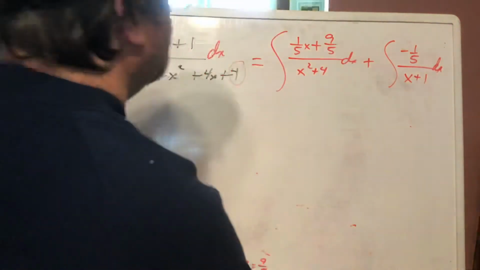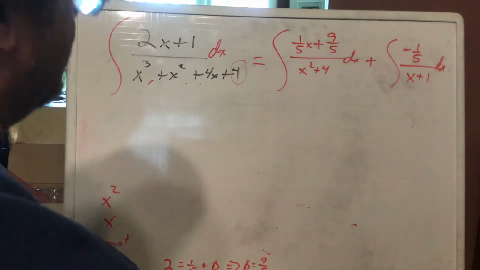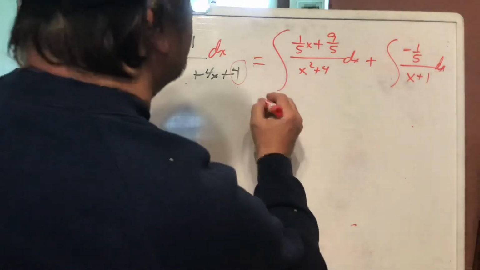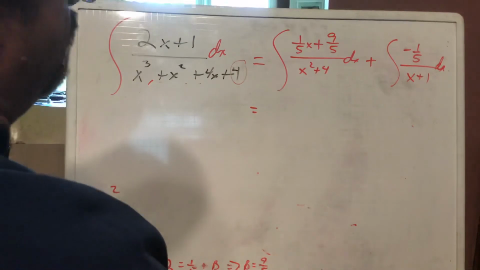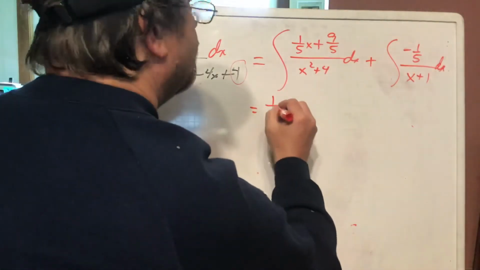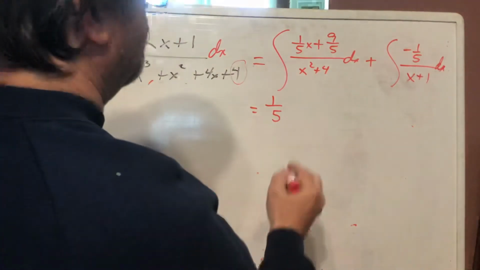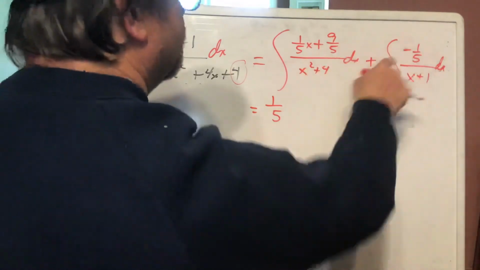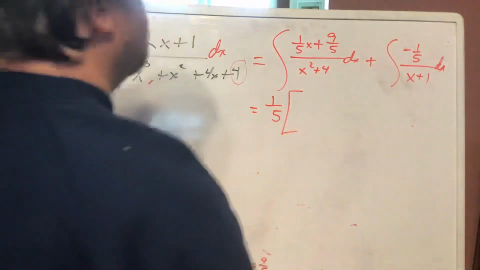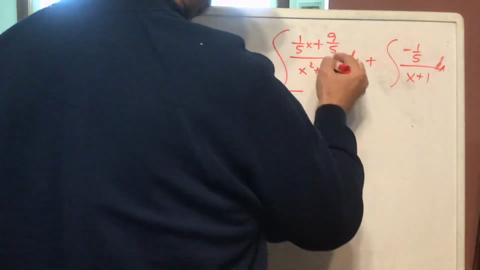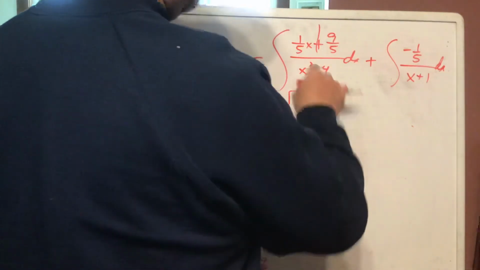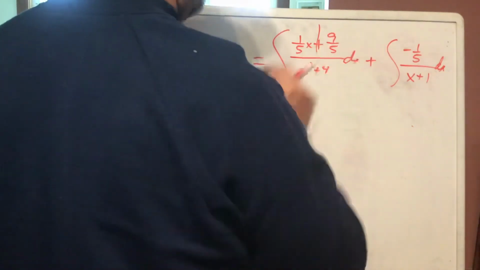Again, constants and things like that are fairly easy for us to work with here. I'm going to pull a 1/5 out of the whole thing. So there's 1/5 here, 1/5 here, 1/5 there. So I pull the 1/5 out, and I'm going to break this into two separate fractions, this over that and that over that separately.